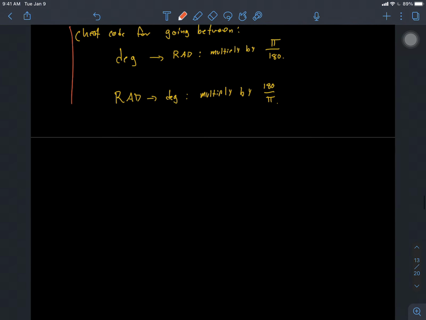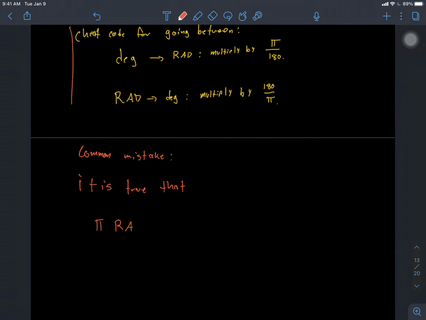There's one common mistake that I want to highlight. Okay, it is true that pi radians is equal to 180 degrees.